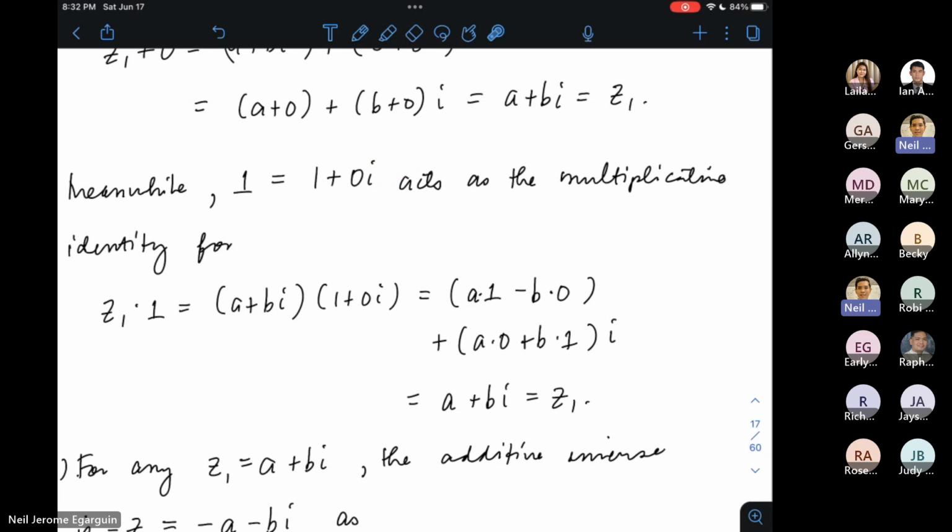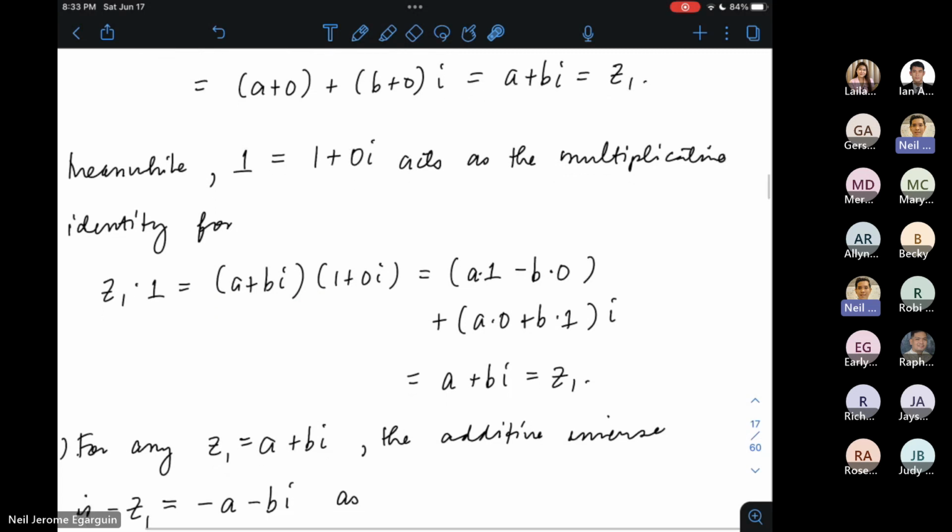And here's the proof why 1 plus 0i is the multiplicative identity. I'll get another arbitrary complex number, say z1 equal to a plus bi, and I will multiply it to 1 plus 0i. So a plus bi times 1 plus 0i, i-apply nyo yung formula 17, yung definition ng multiplication.